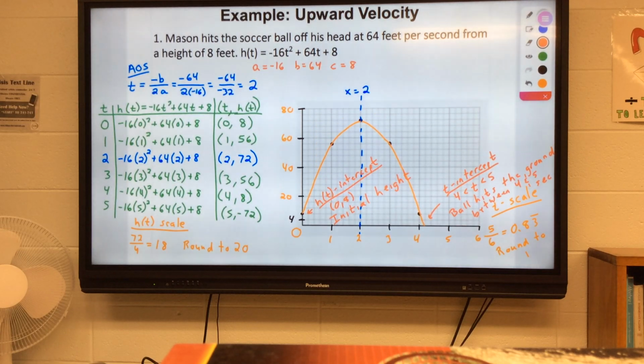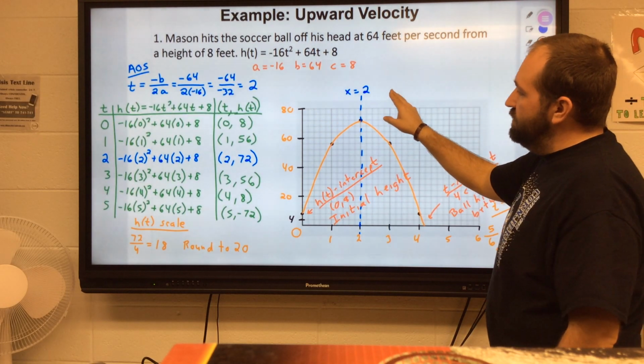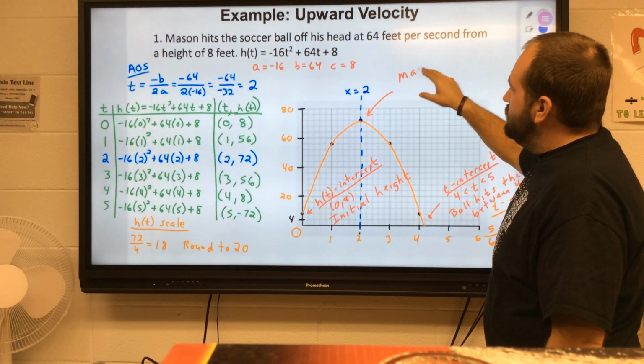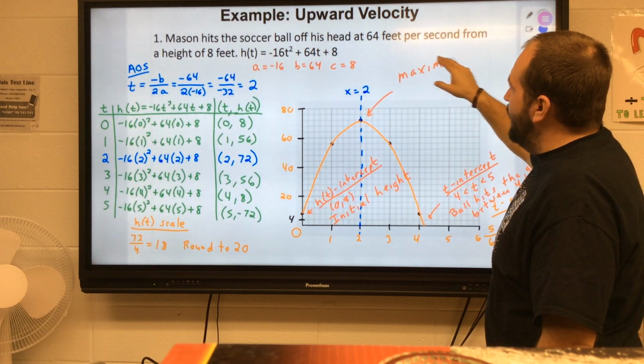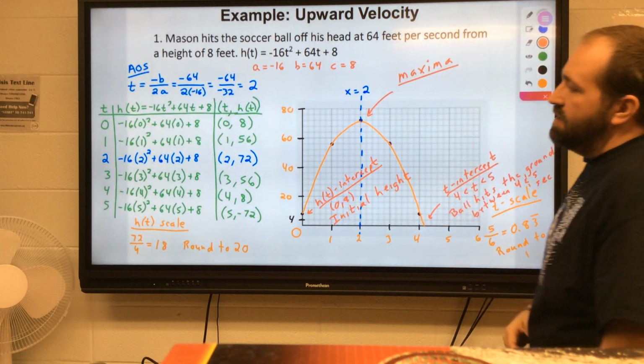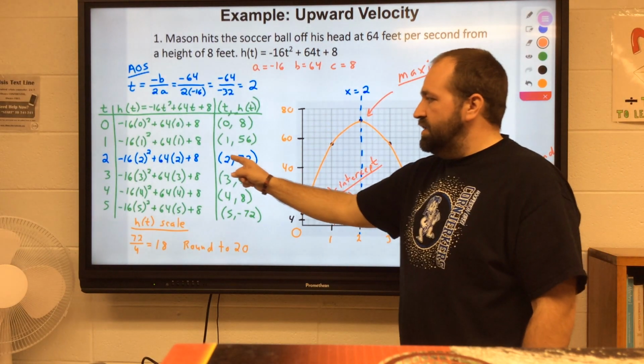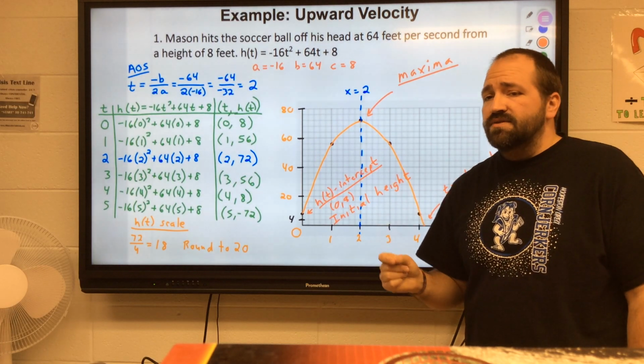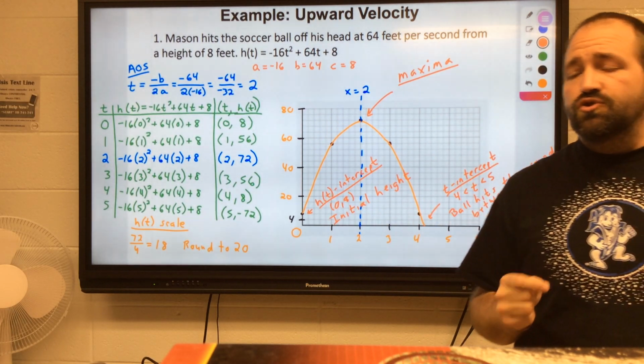Okay, the last thing to find here and identify is the maxima, and the maxima is coming from the vertex ordered pair. You will find your vertex from the table, and it's when you plugged in your axis of symmetry. Again, it's highly important that you plug in that axis of symmetry exactly as it should be.